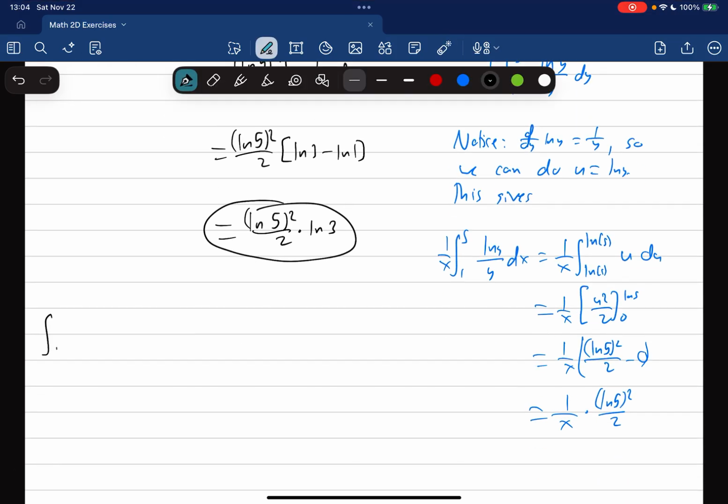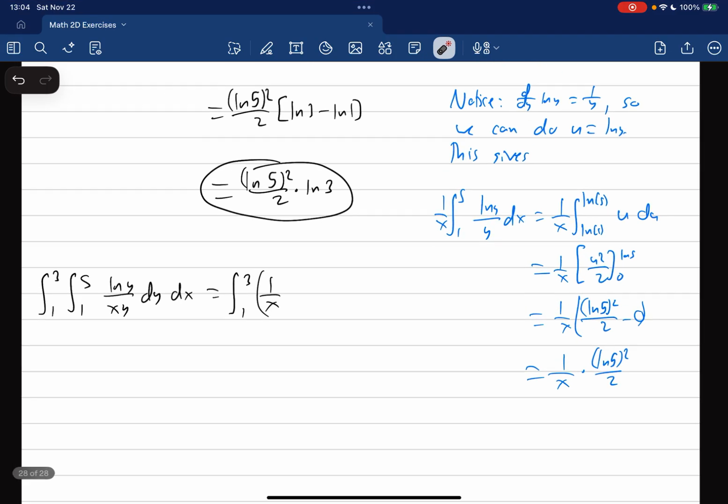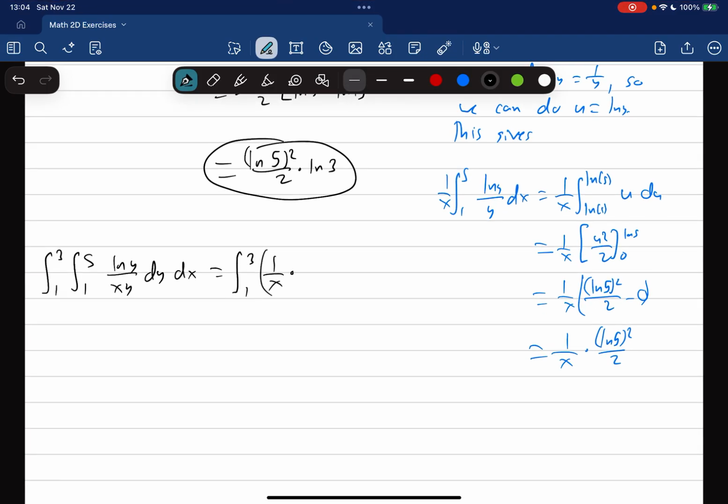So notice that in my iterated integral, if I write this using this expression right here, I'm going to get 1 over x times the integral from 1 to 5 of ln y over y dy. And all this is with respect to x.